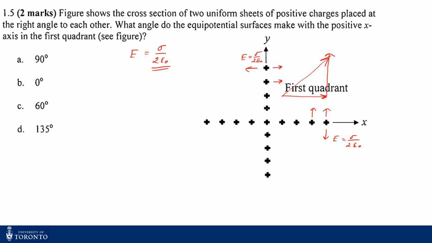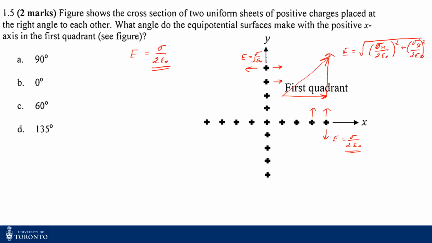So if both my x-axis and y-axis electric fields are like this, my net electric field will be the square root of the sum of the squares of the x-axis electric field and the y-axis electric field. All right, so that's my net electric field.